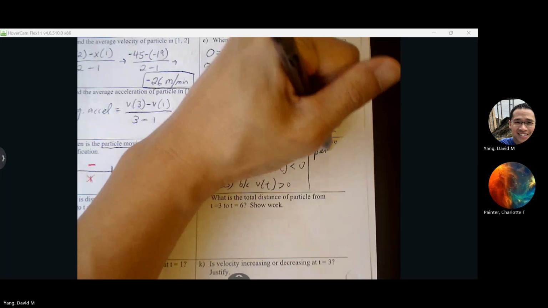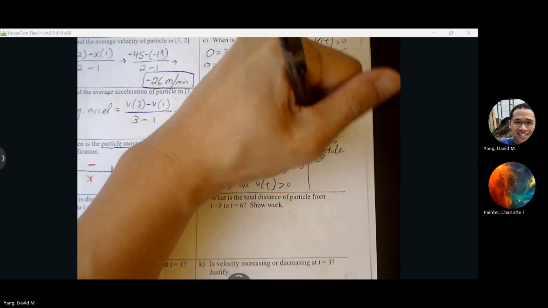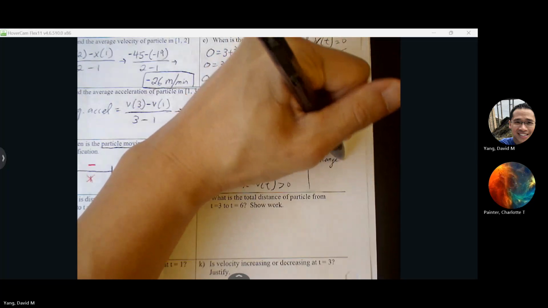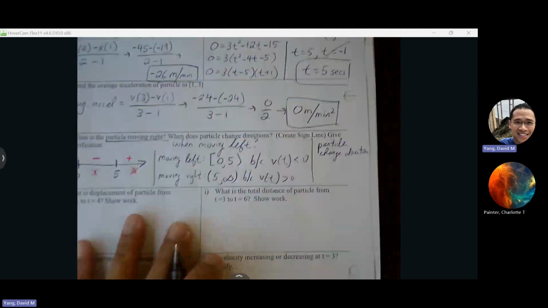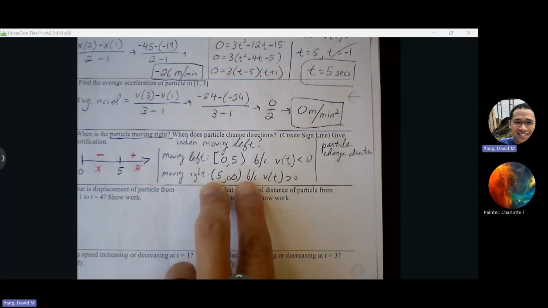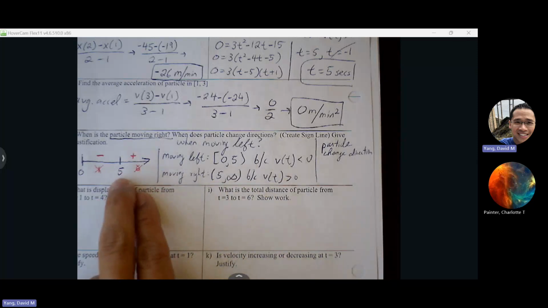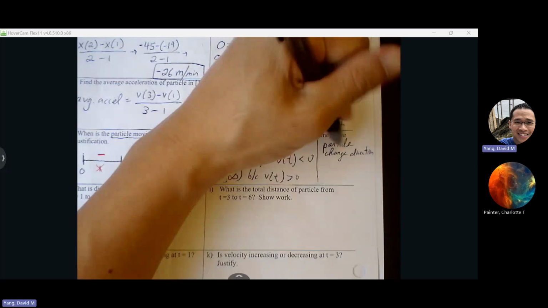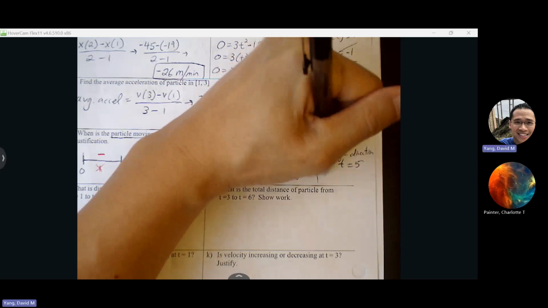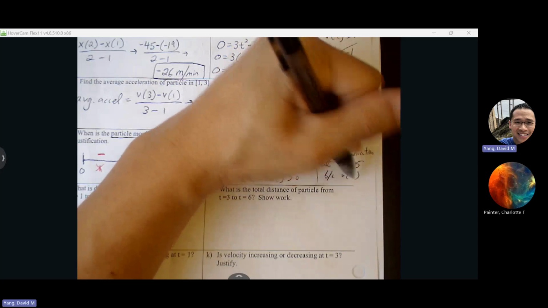The interval would not have brackets. Right, there's no bracket here because at 5, it's not moving, so we don't want to include that as part of moving left or right. It's at a stopping point. The particle changes direction at t equals 5, and the reasoning is because velocity changes signs.